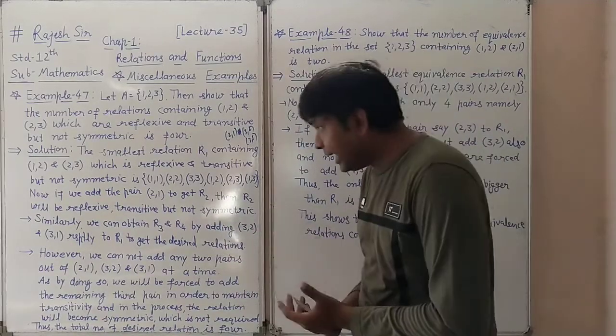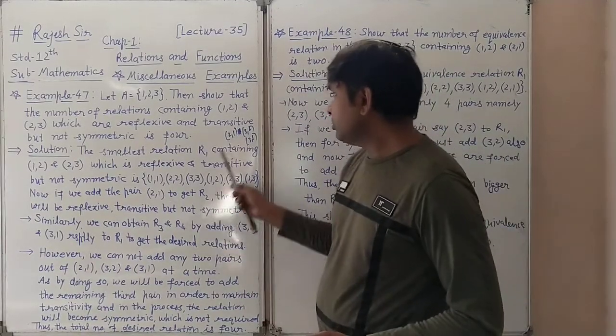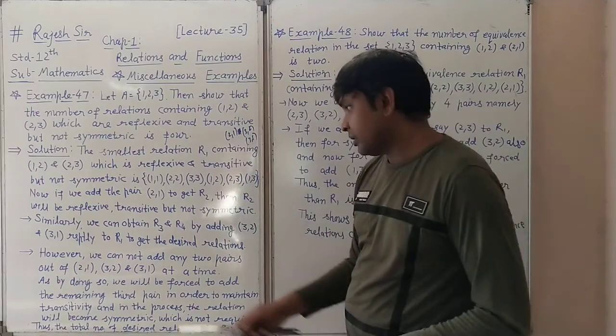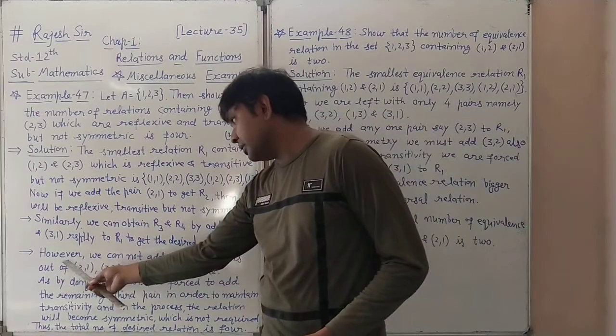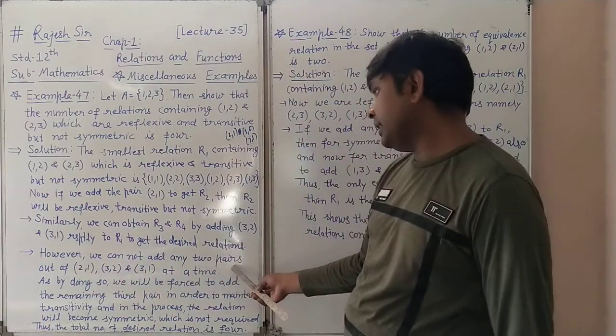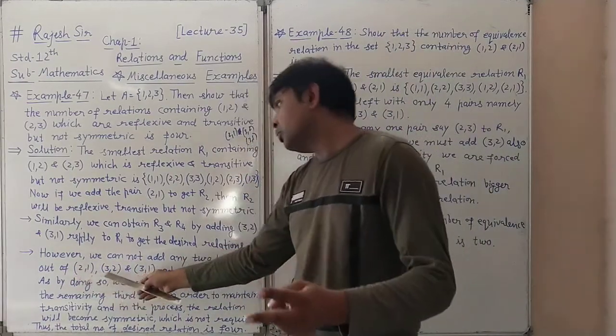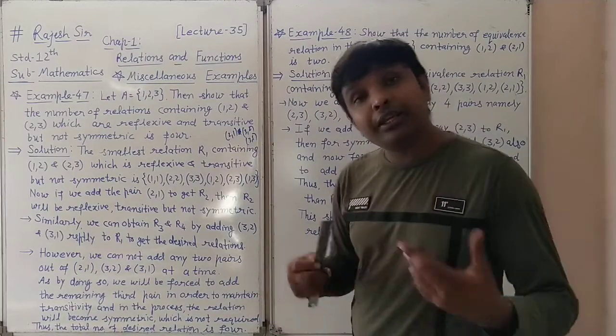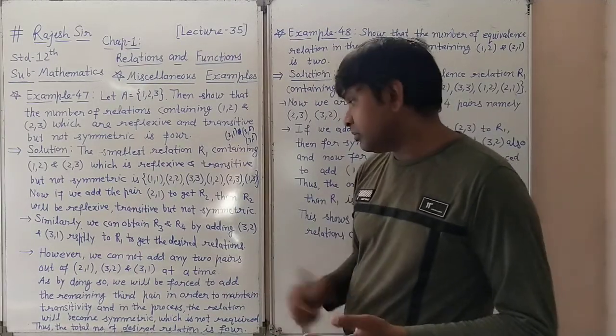But you cannot add any 2 of the remaining 3 pairs simultaneously. That is the discussion given here. Why can we not add 2 pairs at a time? That is here.